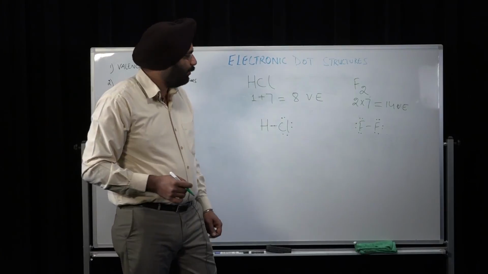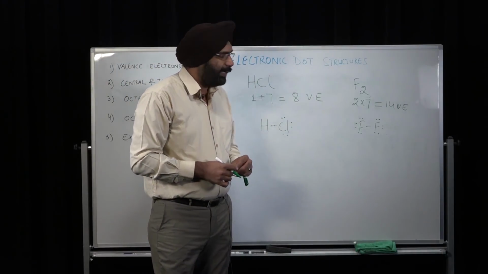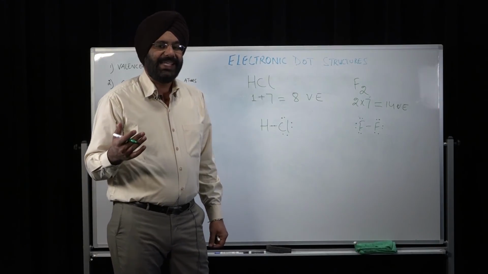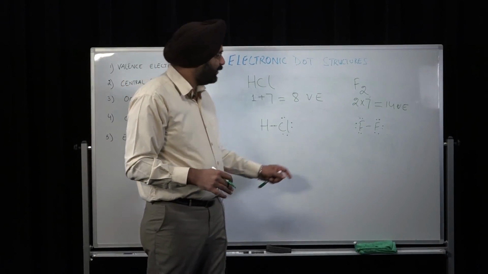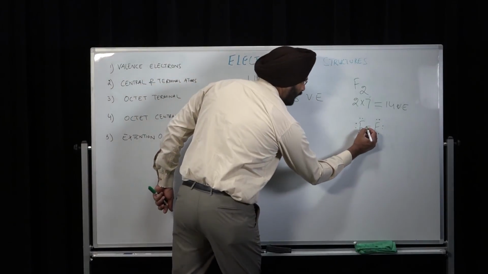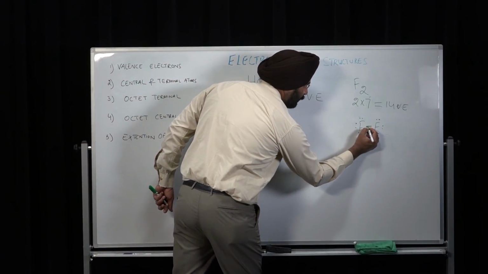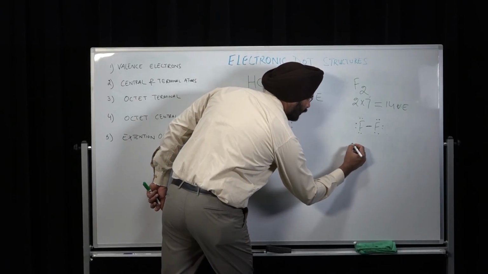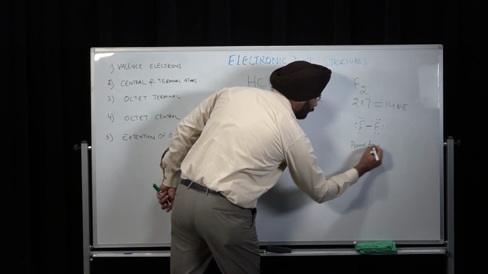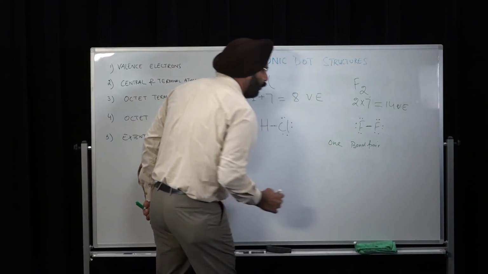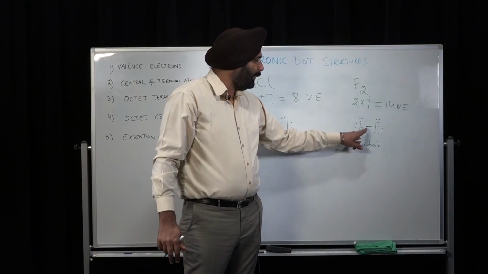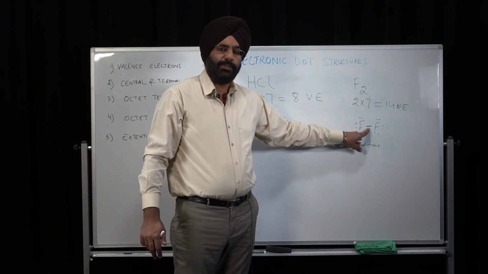And if I ask you which are the bond pairs and which are the lone pairs, or I can even ask how many bond pairs and how many lone pairs of electrons are there in a fluorine molecule, that's very simple. This here is a bond pair, meaning 2 electrons. So there is only one bond pair of electrons in the fluorine molecule.